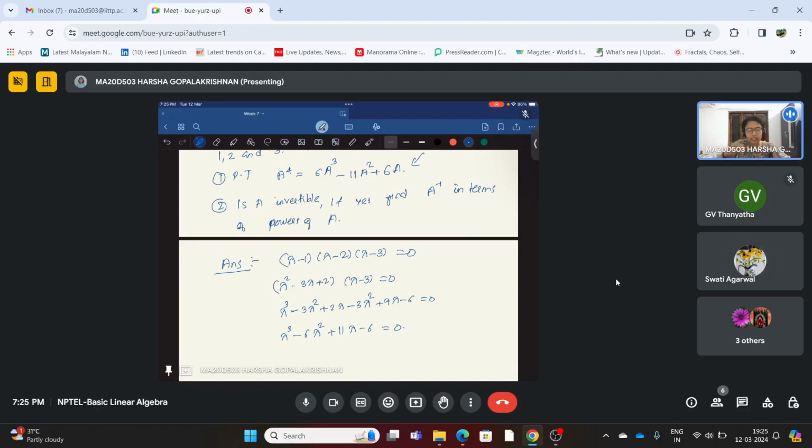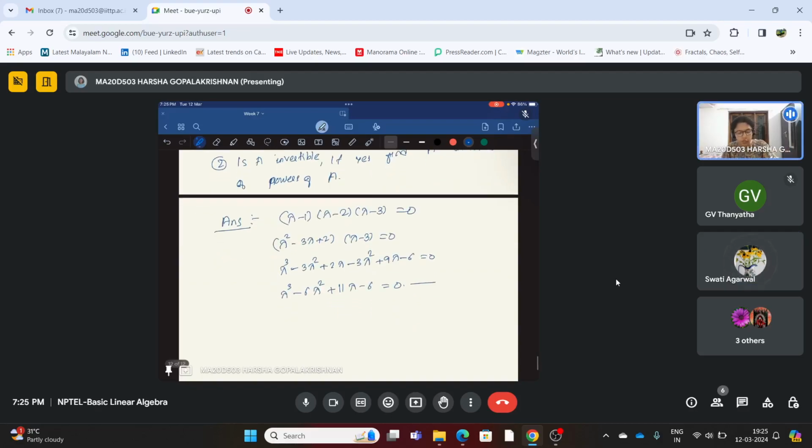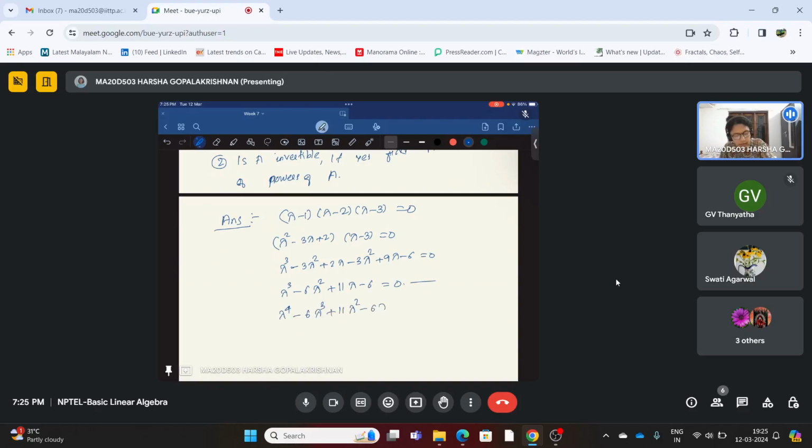We should end there, in this equation, because that is what we want to prove. So start from the characteristic equation. Here we take A common, which means in the characteristic equation we multiply by lambda. So we will get lambda power 4 minus 6 lambda cube plus 11 lambda square minus 6 lambda equal to 0.